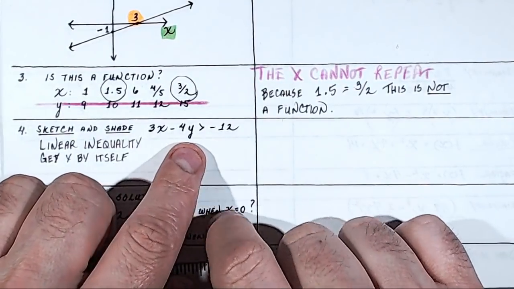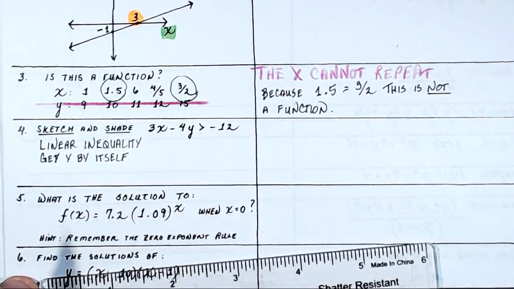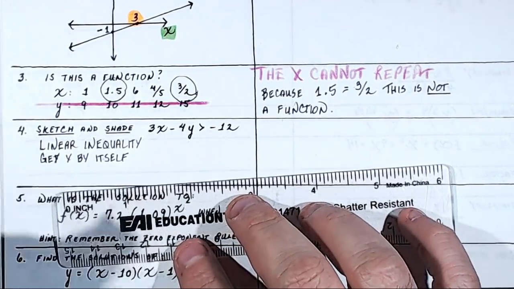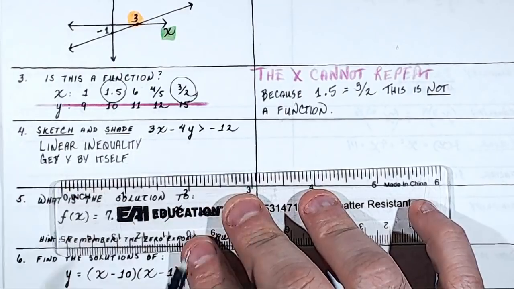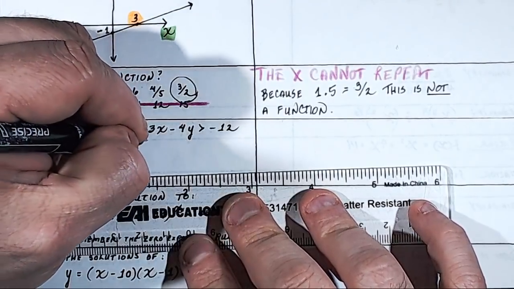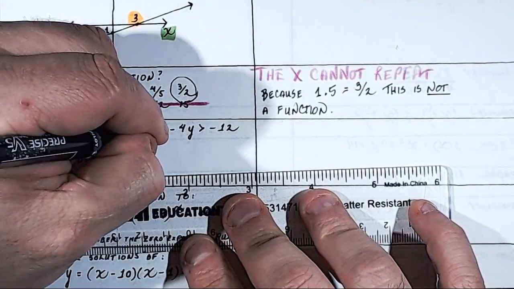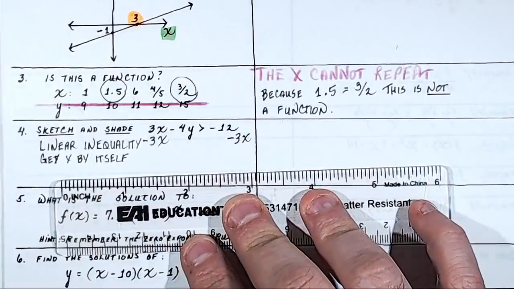So when there's an x and a y, you're usually trying to get y by itself. So we have to move some things around to get y by itself on the left side. And remember, flip the sign if we have to multiply or divide by a negative number. So first we have to solve for y. We'll start by moving the 3x over to the right side. We'll do that by subtracting, because right now it's positive 3x, so we'll put minus 3x, and then to keep the equation in balance, we'll minus 3x on the right.